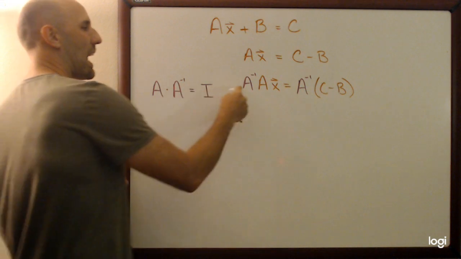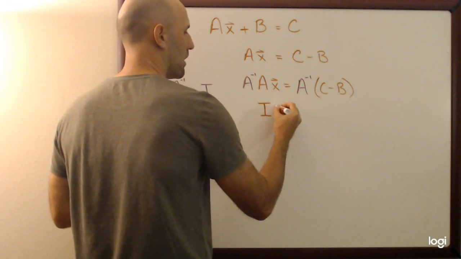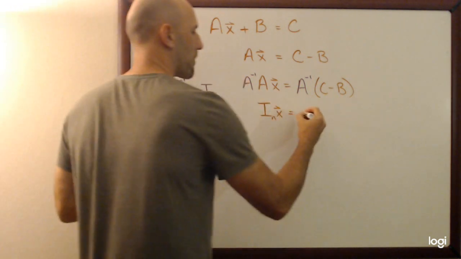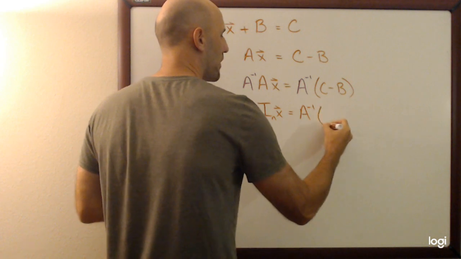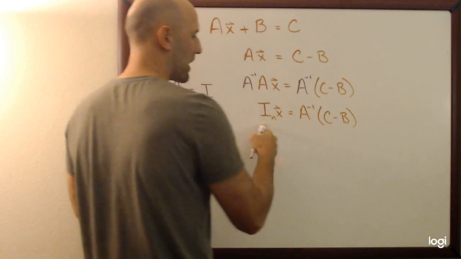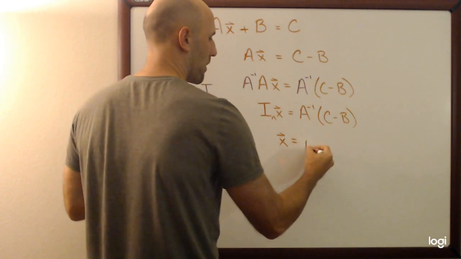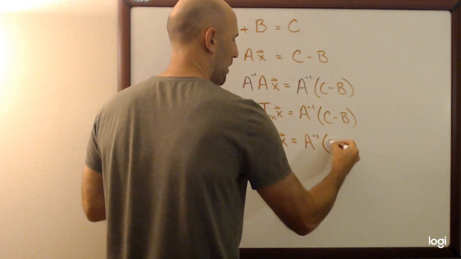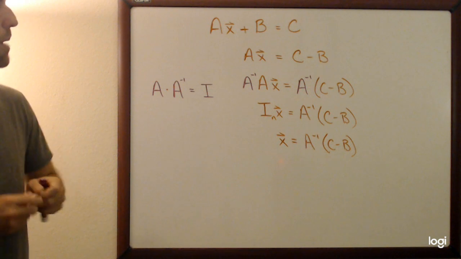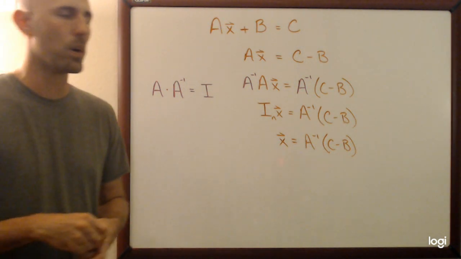A inverse times A, well that's I, whichever one, I sub n. And then the product of I sub n and that vector x, well it's just x. Again, I is the identity. It doesn't change. And this allows me to solve, right? So what I'm doing here is building the concept of algebra, the ability to operate with these things.